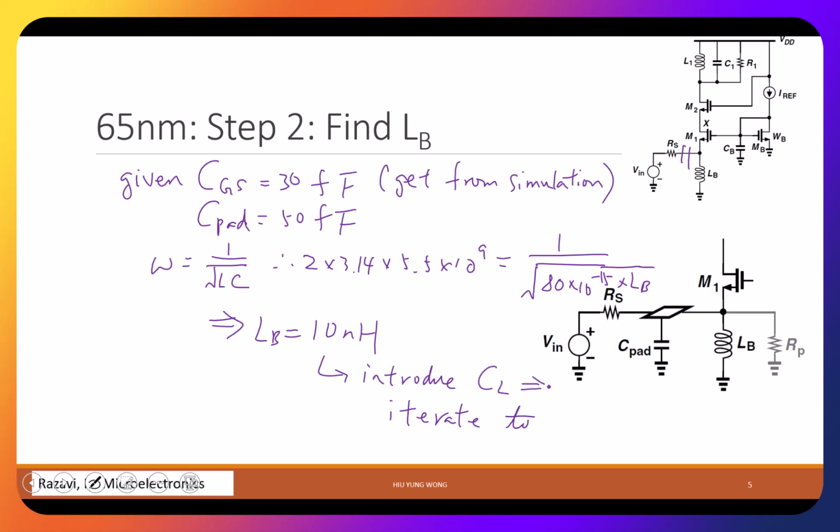It introduced CL, which increased the C, so you iterate so that 1 over square root LC equals omega. That's what I want to say. Do you understand what I mean by iterate? Iterating, right? So then done. I have the LB. I'm still not doing the circuit yet. I do it one by one.